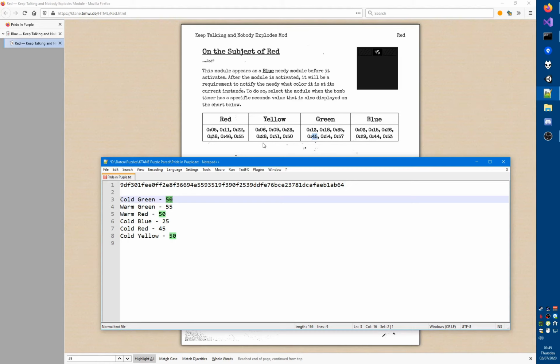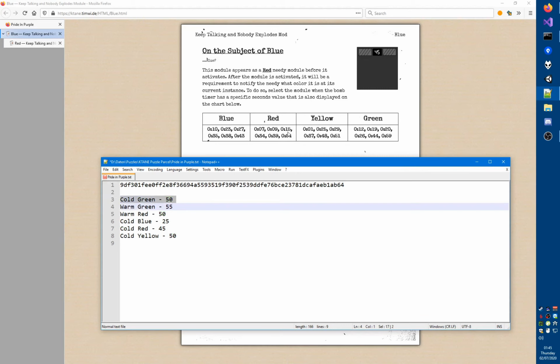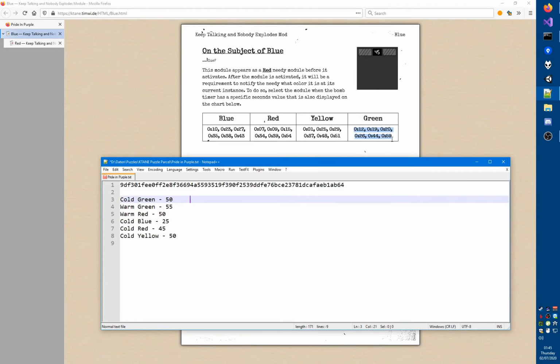Okay. Okay, so if cold refers to blue, the module, then cold green would refer to this information here. Right, so somehow that is supposed to be relevant, and then I'm supposed to do something with the number 50.